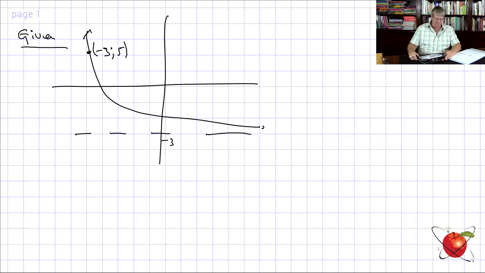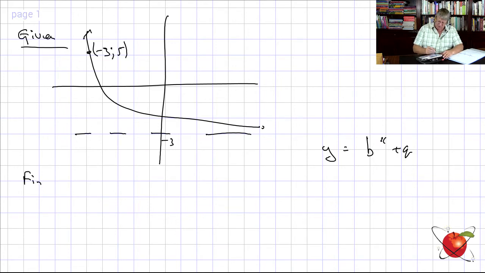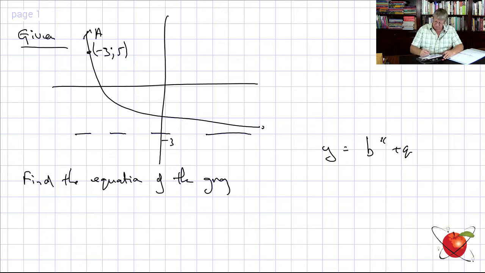And they tell us the graph has the form y equals b to the x plus q. They say find the equation of the graph as shown passing through the point A, coordinates 3 and 5.